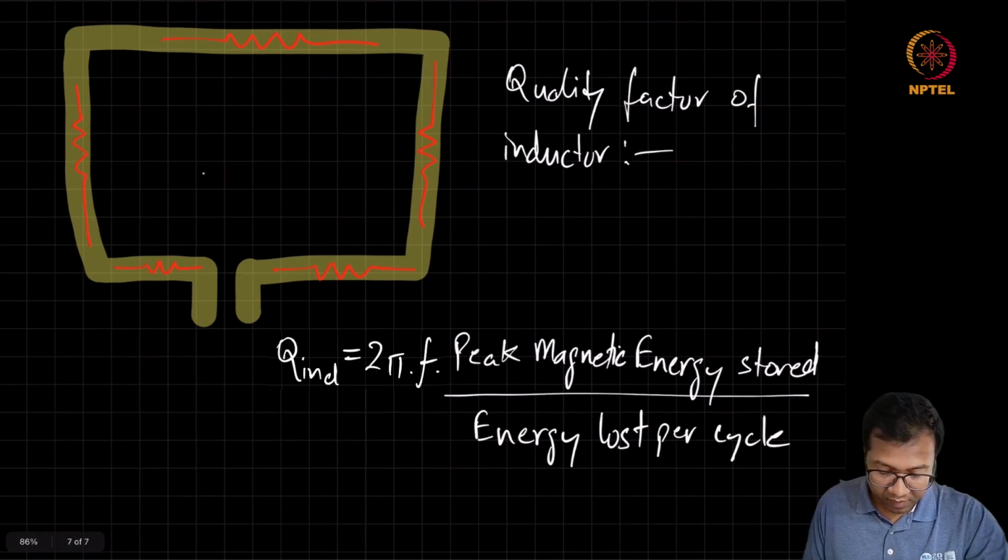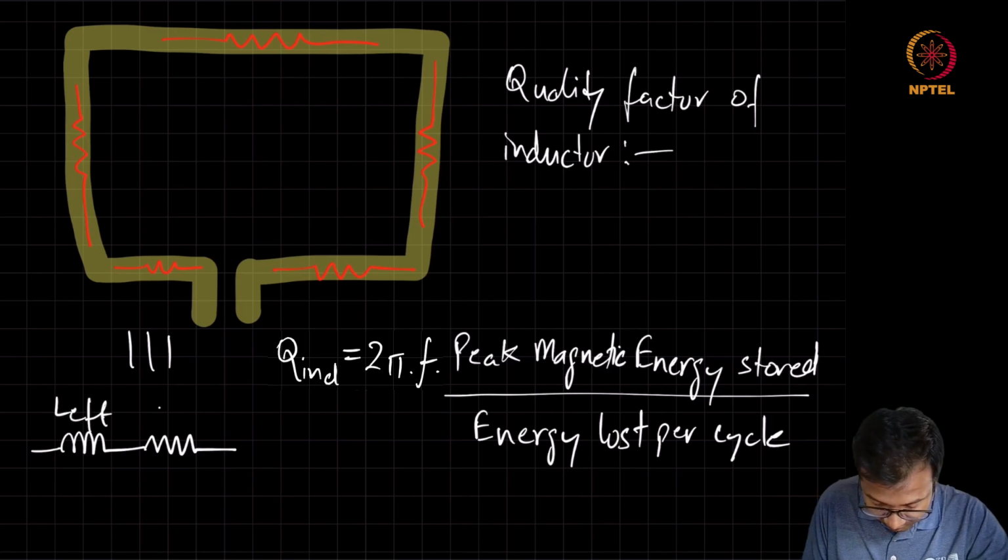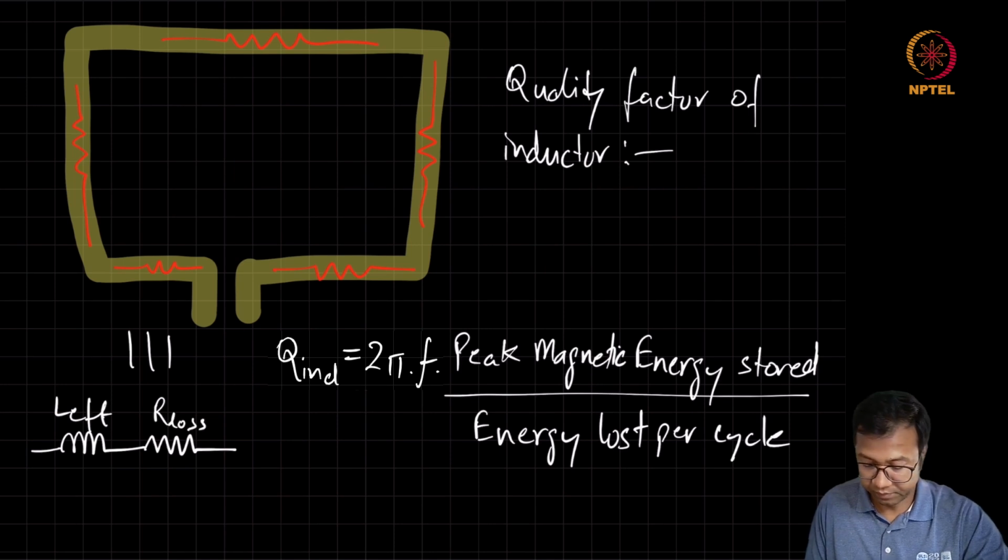And the simple model for such an inductor is by adding all these resistances in series and saying that some R loss is present.